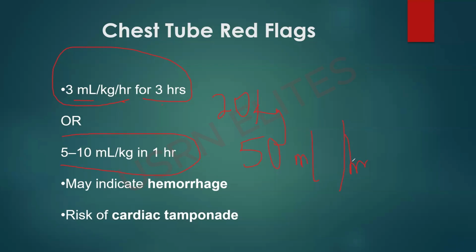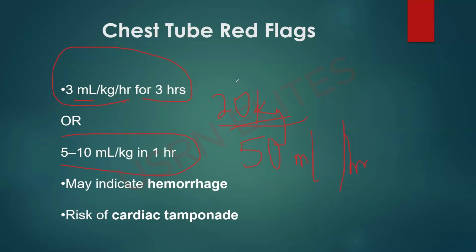Per hour, 50 ml, it's supposed to be 60 for 20 kg. Is it normal or abnormal? Wait, hold on.